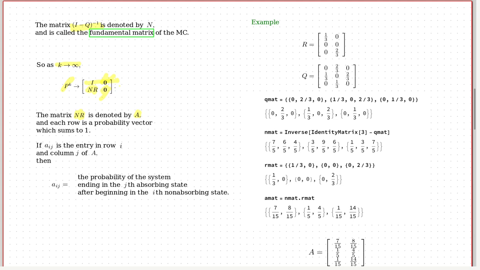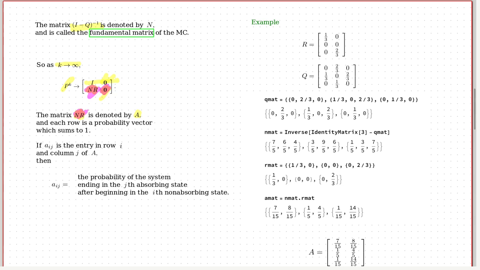Therefore, the limit should be a probability matrix where all the rows are probabilities. And since the lower left part is all zeros, all the probabilities must be in the NR part. So in fact, all the rows in NR must add up to 1. So it is a probability matrix, and that's what we denote by A.